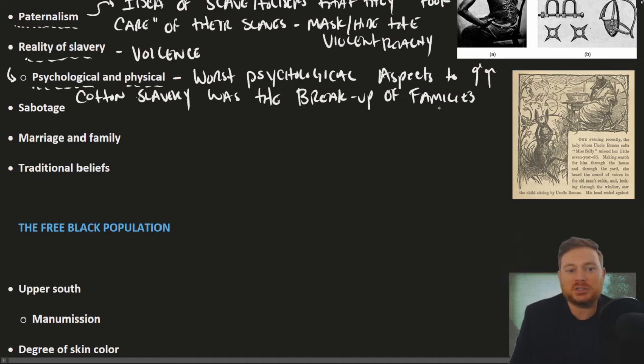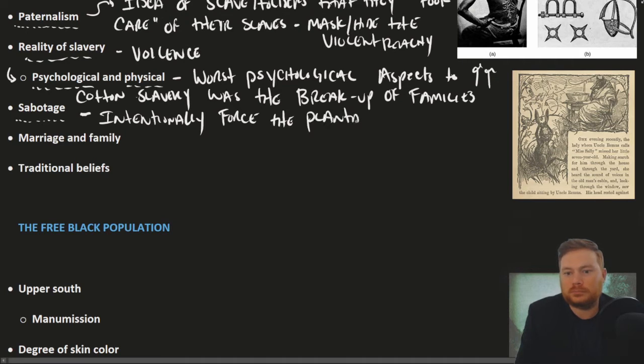And so in response, slaves resisted at every opportunity they had. One of the most common forms of resistance was sabotage. Sabotage is, what's a good way to describe sabotage? Intentionally forcing the plantation to lose profit.